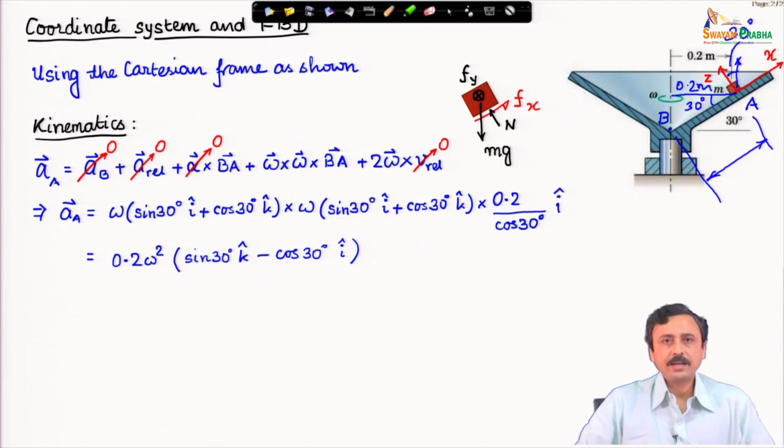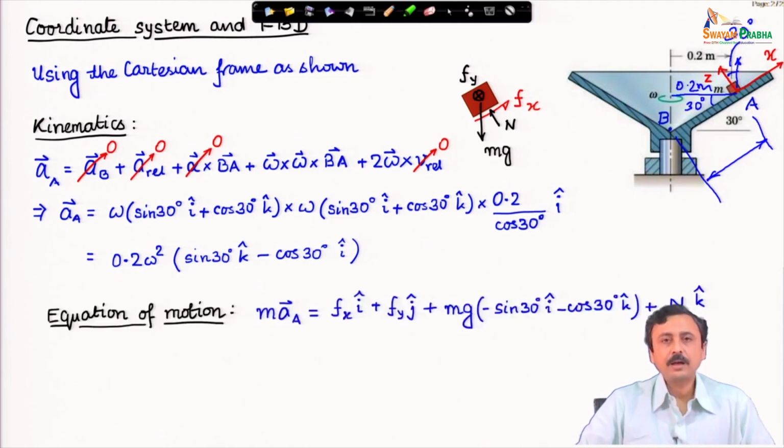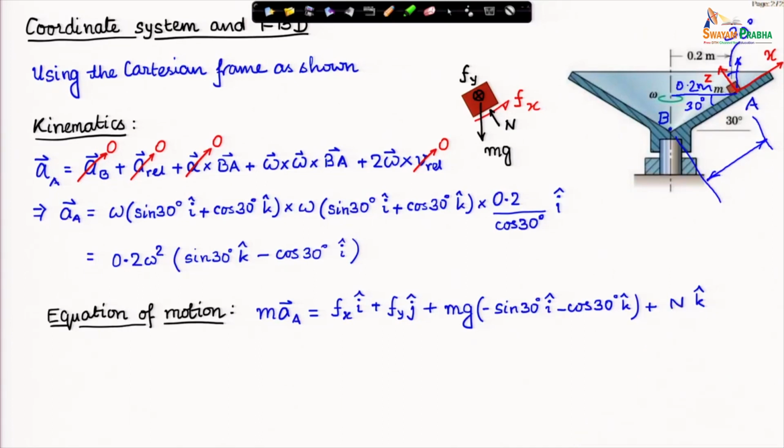Once the kinematics is set, we can now go over to the equation of motion. Mass times acceleration of A is equal to sum of all forces acting on it, and all these forces are very clearly shown in the free body diagram. So, what we have to do is only represent these forces in the coordinate system chosen.